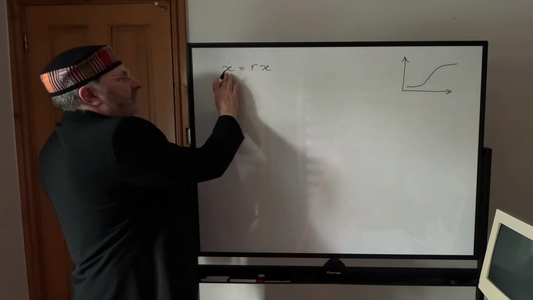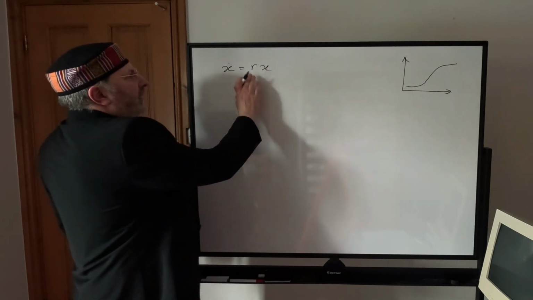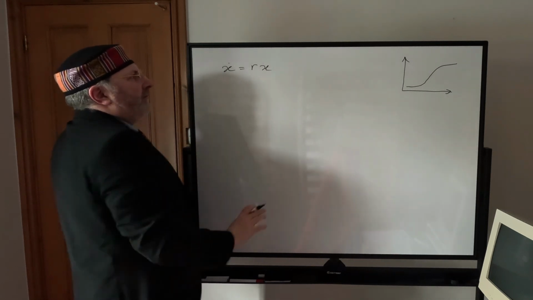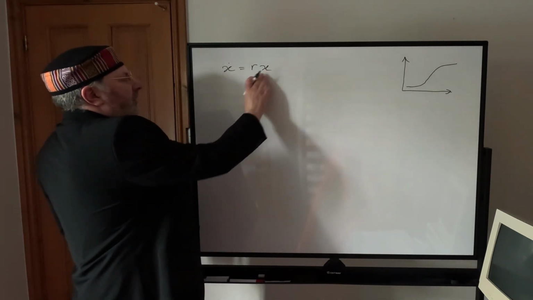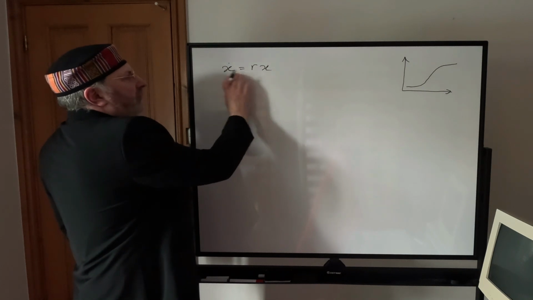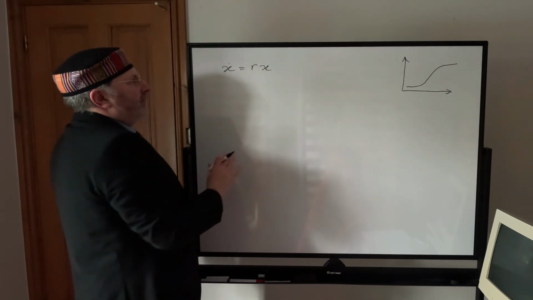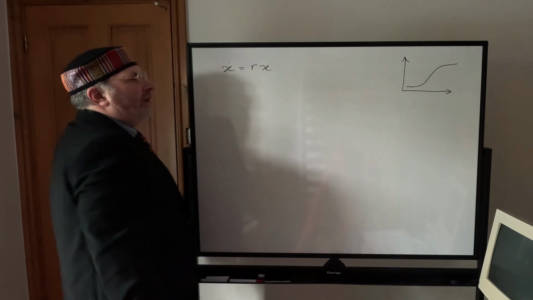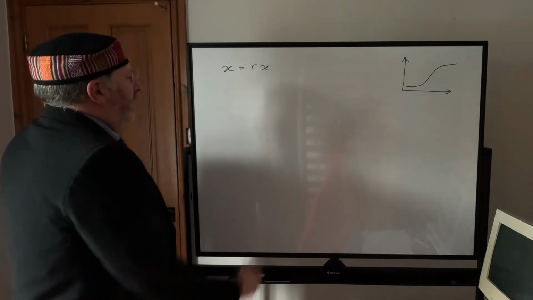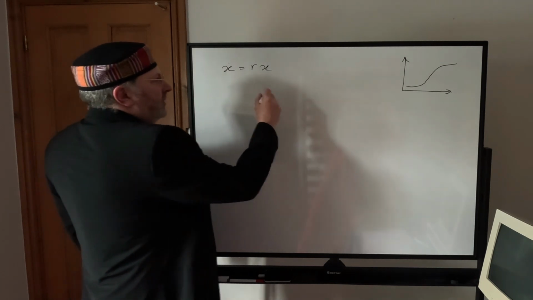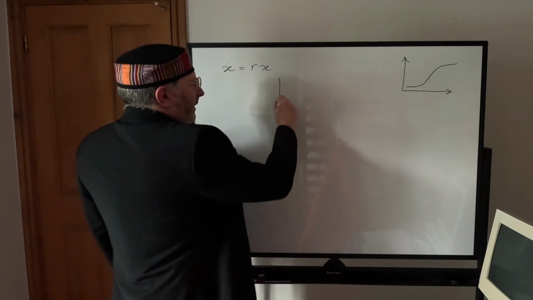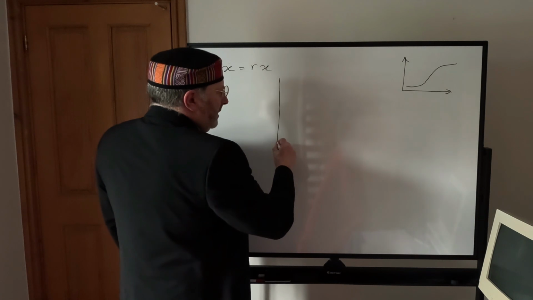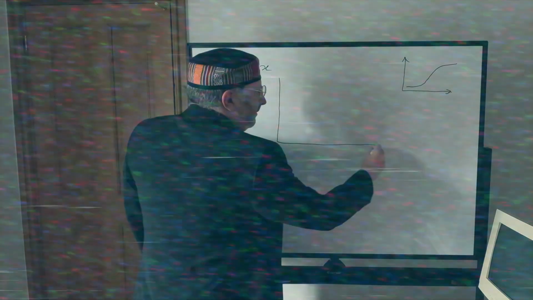The rate of change of x with respect to time is equal to a constant times the existing value of x. So if this is a population, the population grows in proportion to the size of the existing population, or the disease spreads in proportion to the number of cases already infected. And we know that the solution to an equation like that is an exponential.